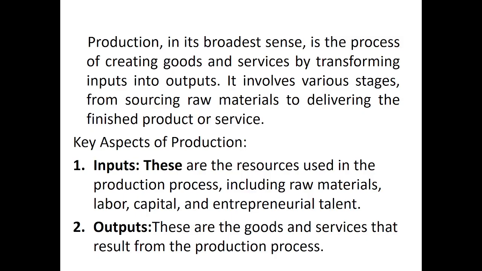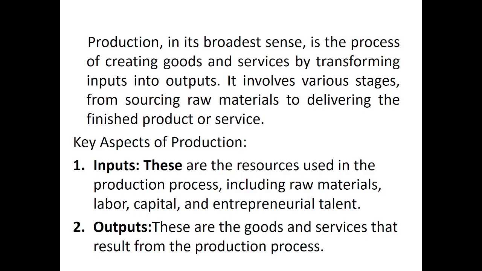Now, why is it a complete transformation, or why is it called creating a final good and services? Because see, the factories or the industries or the marketers purchase the raw materials from the farmers, and there they manufacture or transform those raw materials into a finished product, and it is brought into the market.